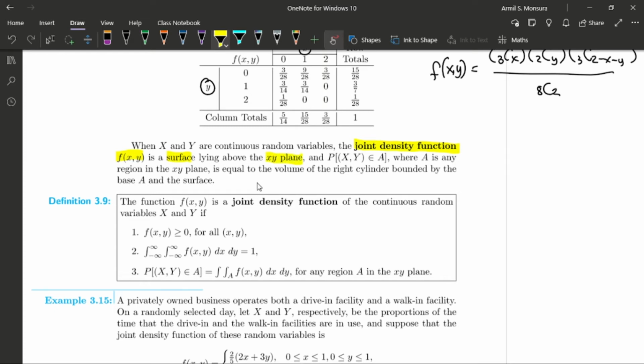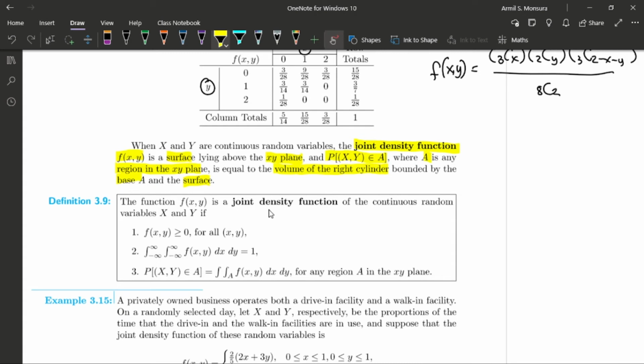And the probability that x and y belong within the set A, where A is any region in the xy plane, is equal to the volume of the right cylinder bounded by base A and the surface.